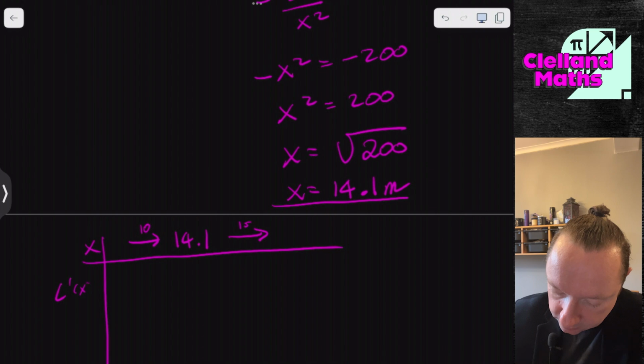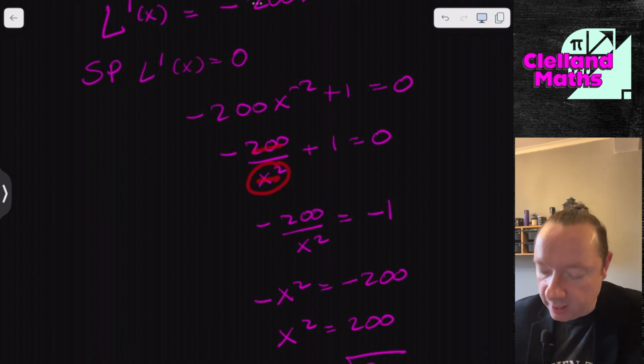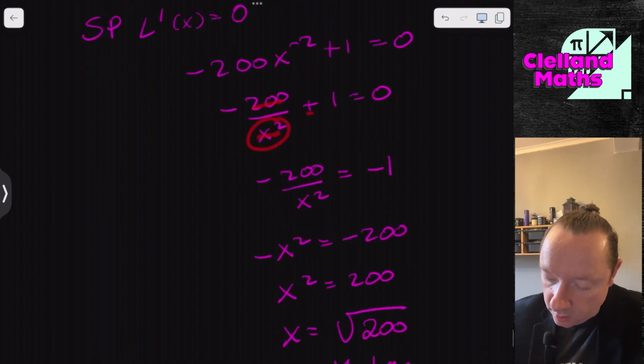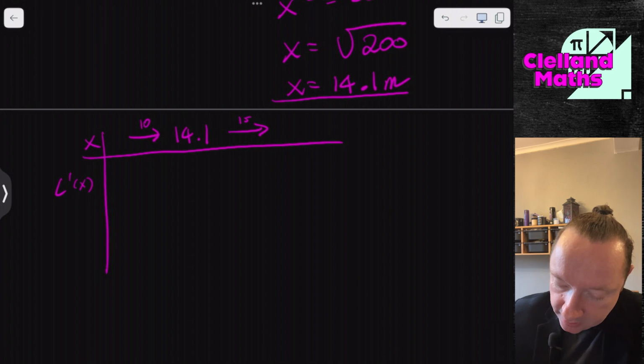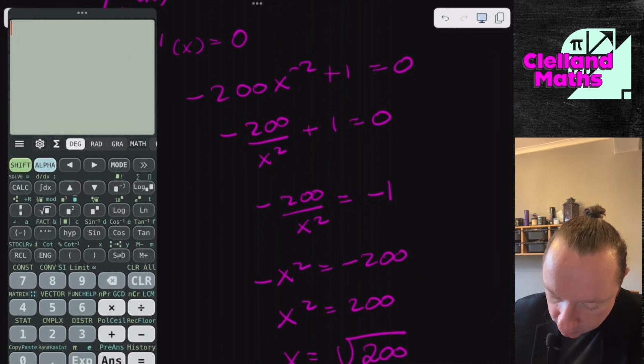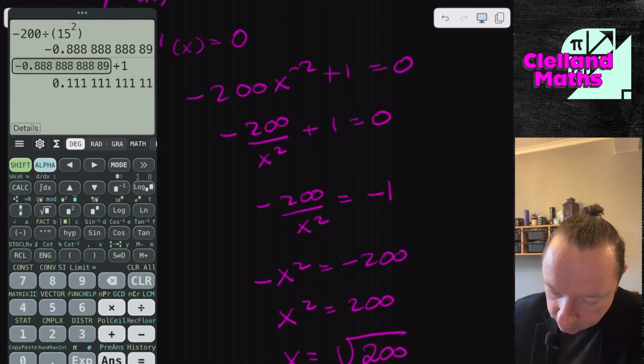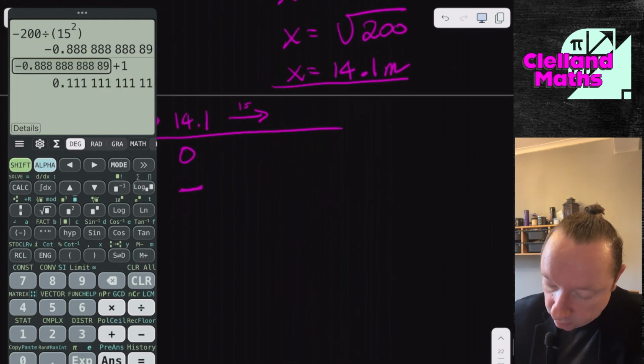L dash x at 10: 10 squared is 100, so minus 200 divided by 100 is minus 2, plus 1 is minus 1, that is negative. So I'm going down the way, 0, and going along the way, it looks like it's going to be a min. Try 15, now you might just get a calculator out for this. Minus 200 divided by 15 squared is minus 0.888. So if I add 1 to that, I get a positive answer, sorry, yes. That's what I'm looking for, hopefully.